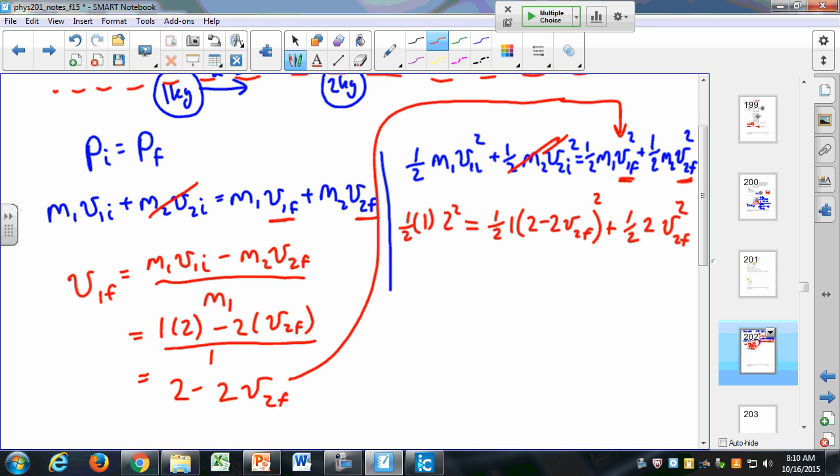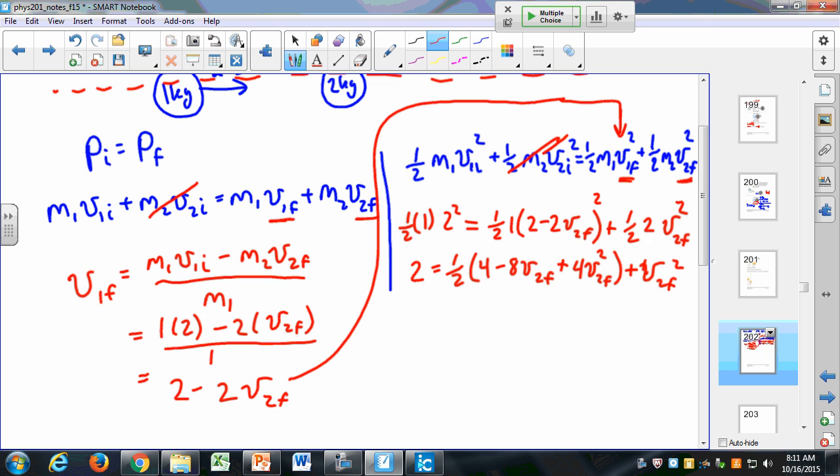Okie dokie. So it's the algebra here that's going to get you. You have to be very careful with your numbers. And again, I try to give you simple numbers so that the algebra is a little easier. 1/2 of 1 times 4 is 2. This is 1/2. If I FOIL that out, it's 4 minus 8 V2F plus 4 V2F squared plus V2F squared.